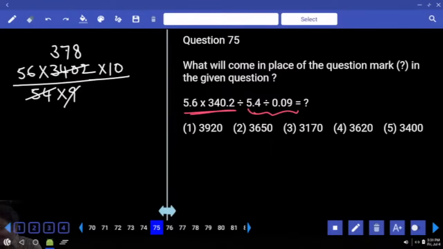Cancellation with 27, 2 times. 27 once, 108. 27 4 times. 2, 7 times, 7 times of 56. 50 into 7, 350. 6 into 7, 42. 350, 42, and then a 0.